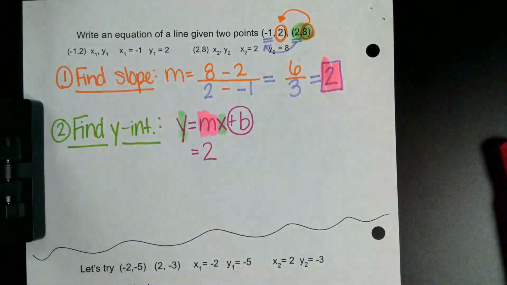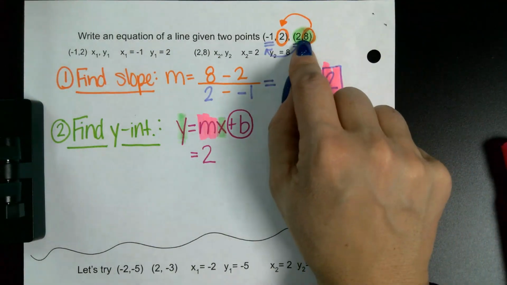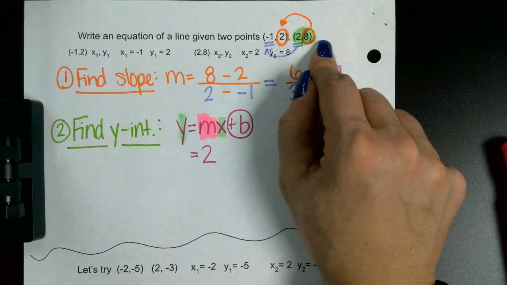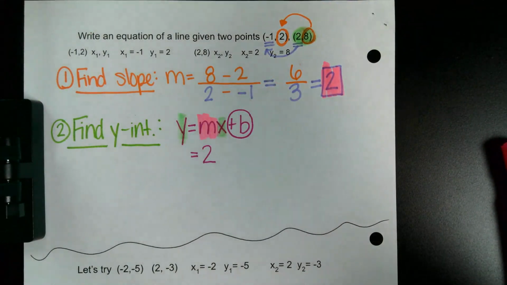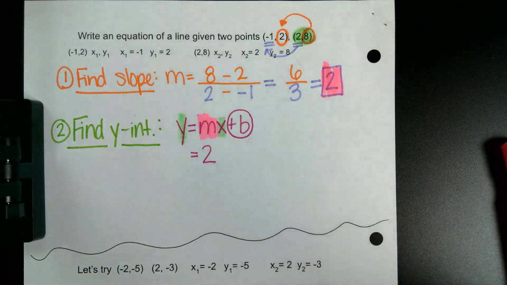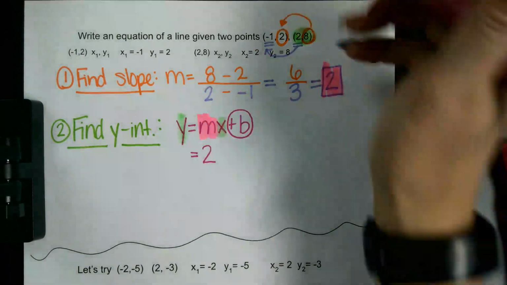So if you have 2 ordered pairs to choose from, you get to decide which one you want to use. I preferred this one just because they're both positive numbers. That's why I used 2 and 8. But sometimes you won't have a choice. Sometimes both ordered pairs will have negatives involved, so you're just going to have to pick one and go with it. So I'm going to use this 2, 8.